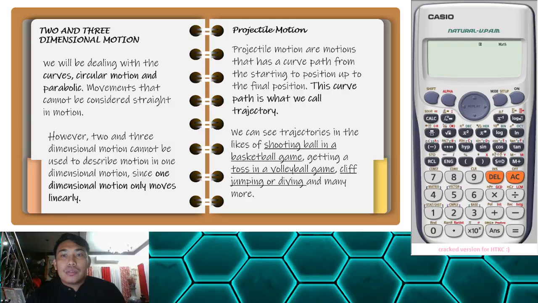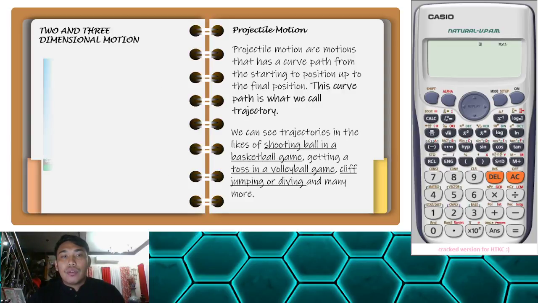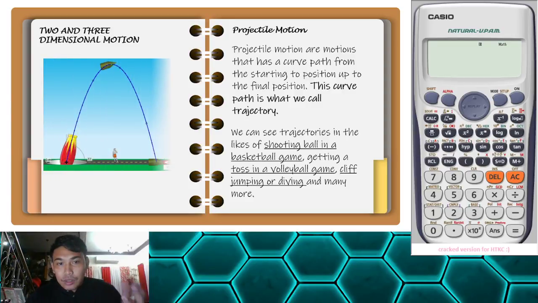Okay, so from the spike of the volleyball or a toss, cliff jumping or diving, the pathway of the person, you will see that there is a curve in their path. So this is an example of a trajectory. As you can see, this blue line is what we call the trajectory.